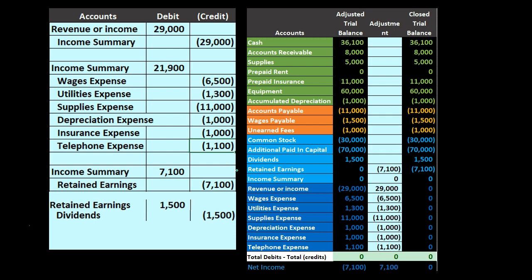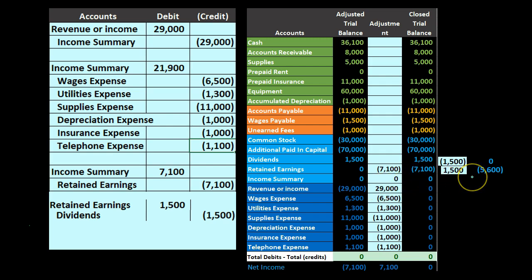If we post this, and again I'll do this to the outer column first so we can see the activity, we're going to say that the dividends is going to go down to zero, and then the other side is going to be the retained earnings, which had 7,100. We're bringing it down by 1,500 to 5,600. Now again, I'm going to pull this into the inner column here.